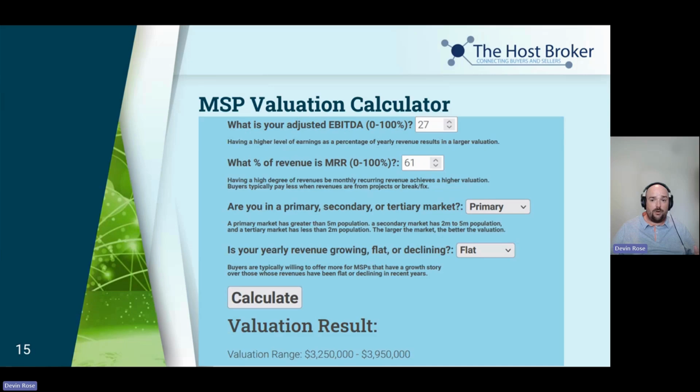I would encourage you to go onto this tool yourself, Google MSP Valuation Calculator. Just try it out. You can enter in your own metrics, calculate your own adjusted EBITDA, put it in there. Try playing around with some of the percentages, see how the totals change if you, let's say, increase your adjusted EBITDA percentage. You'll get some interesting numbers and a good idea about what the market would be willing to pay for your MSP.